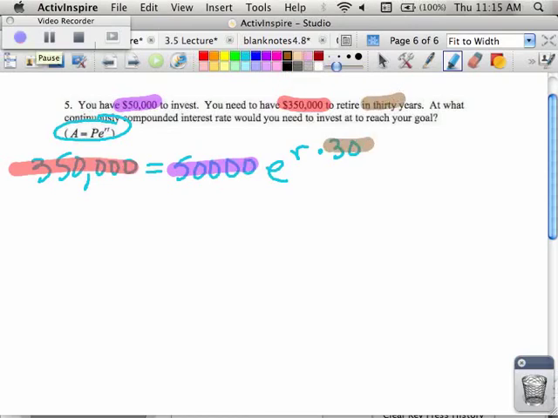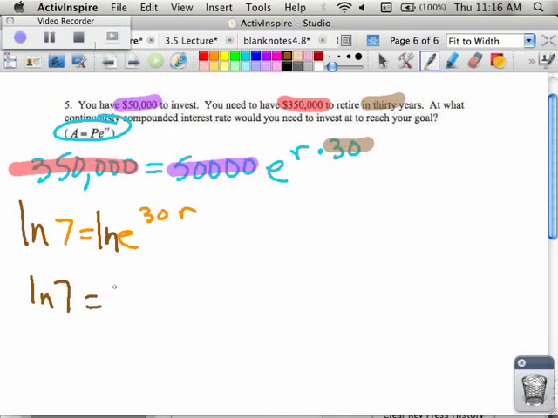If I look to solve this thing, I'm going to divide both sides by 50,000, and I end up with 7 equals e to the 30r. Then to undo this, I natural log both sides. So I have the natural log of 7, natural log of e. And that means that the natural log of 7 is equal to 30 times my r.